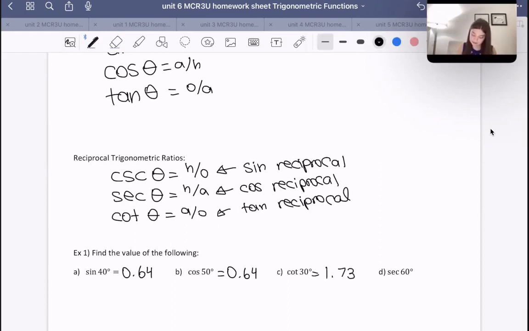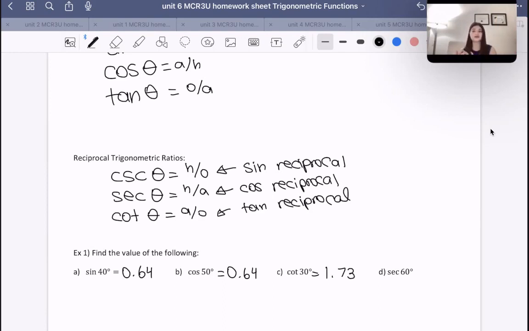1.73. Now, one mistake I often see students make is they think that the reciprocal of tangent, so the inverse tangent, is the same as cotangent. This is not the case. Notice if I press second function tangent and get inverse tan, and then put in 30 degrees, I'm going to end up with 88.09.